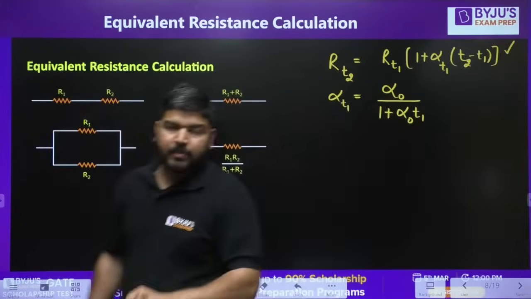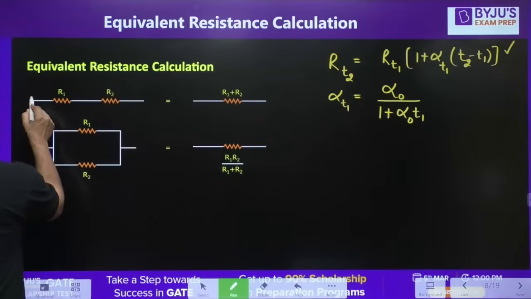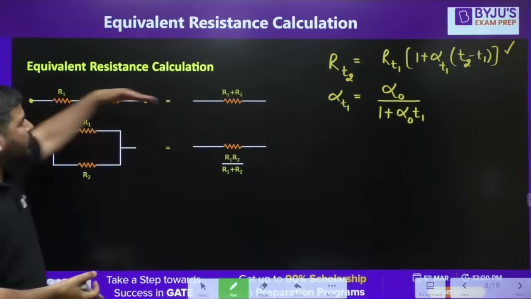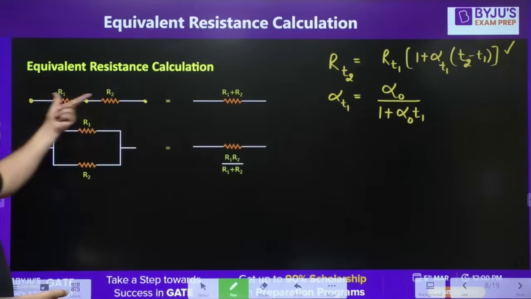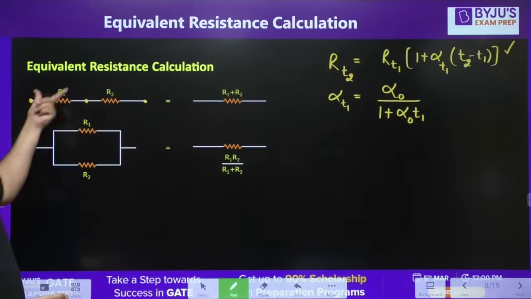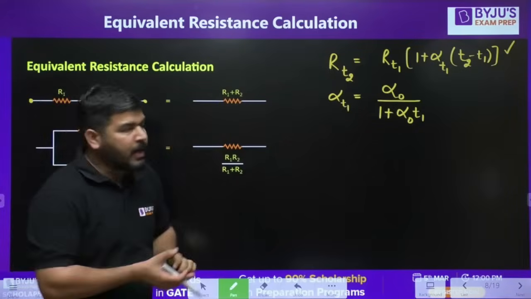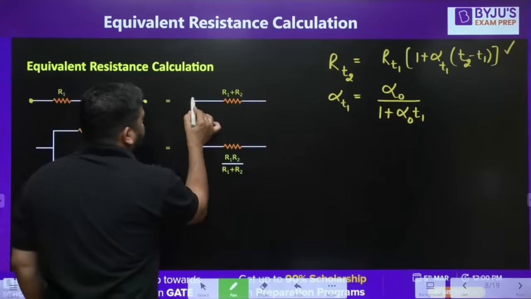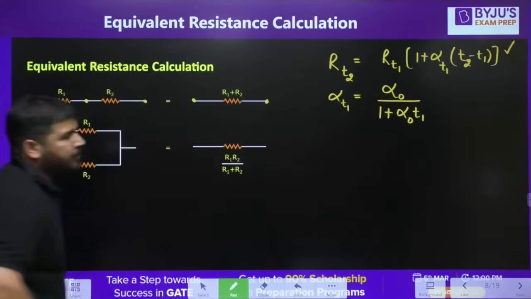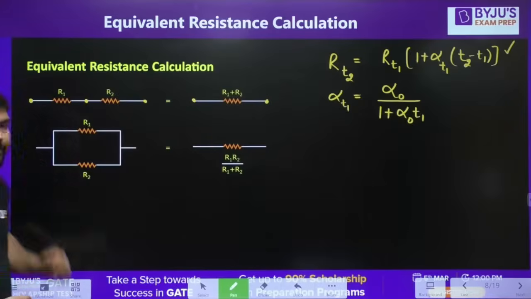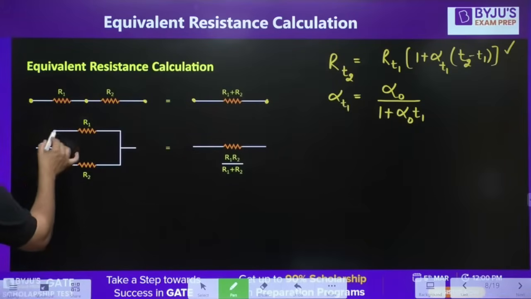Series and parallel equivalent of the resistance. Whenever two resistances are connected back to back like this, R1 and after R1 this is R2, then the equivalent resistance will be R1 plus R2. You can replace this entire branch with the total resistance as R1 plus R2. And whenever the two resistances are in parallel, how to check?